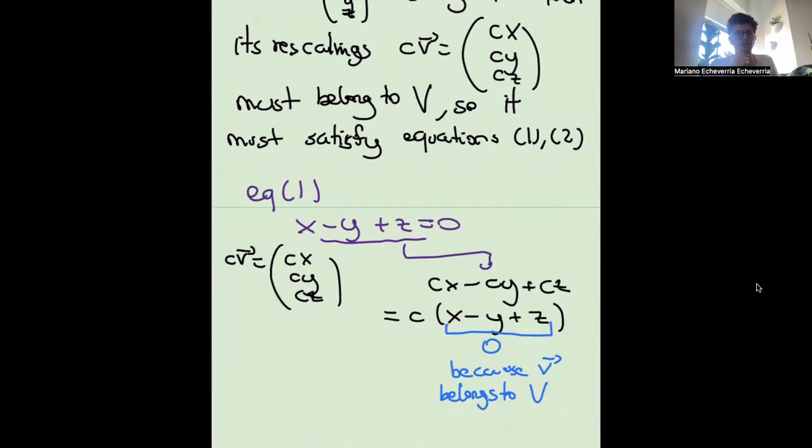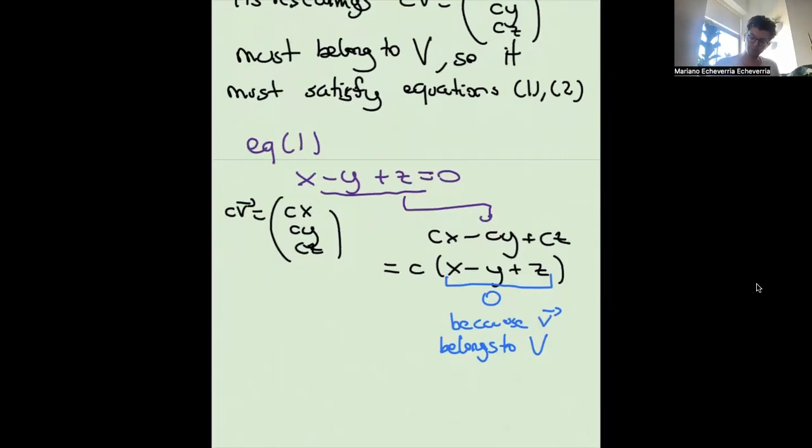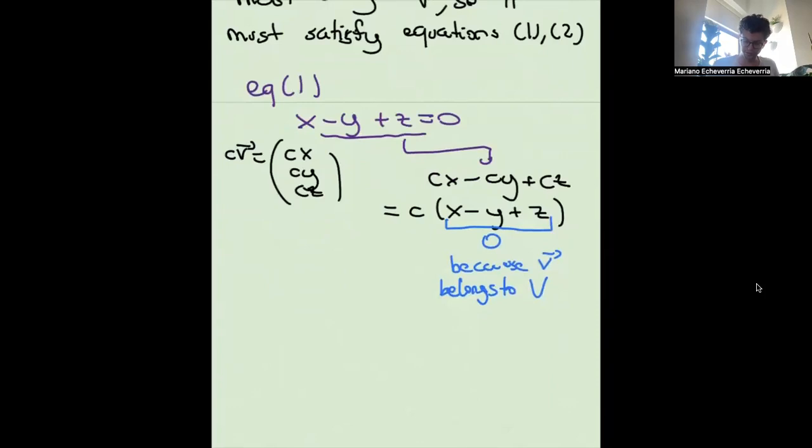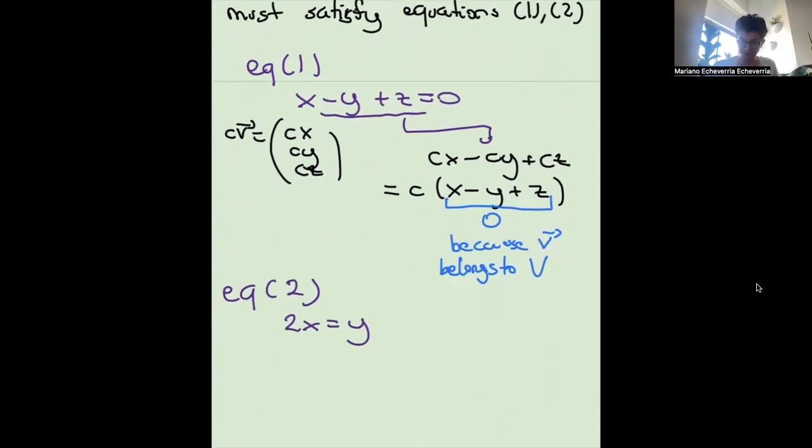Then you have to do the same for equation two. Equation two was just that 2x equals y. But you have to check that for the entries of cv. What are the entries of cv?